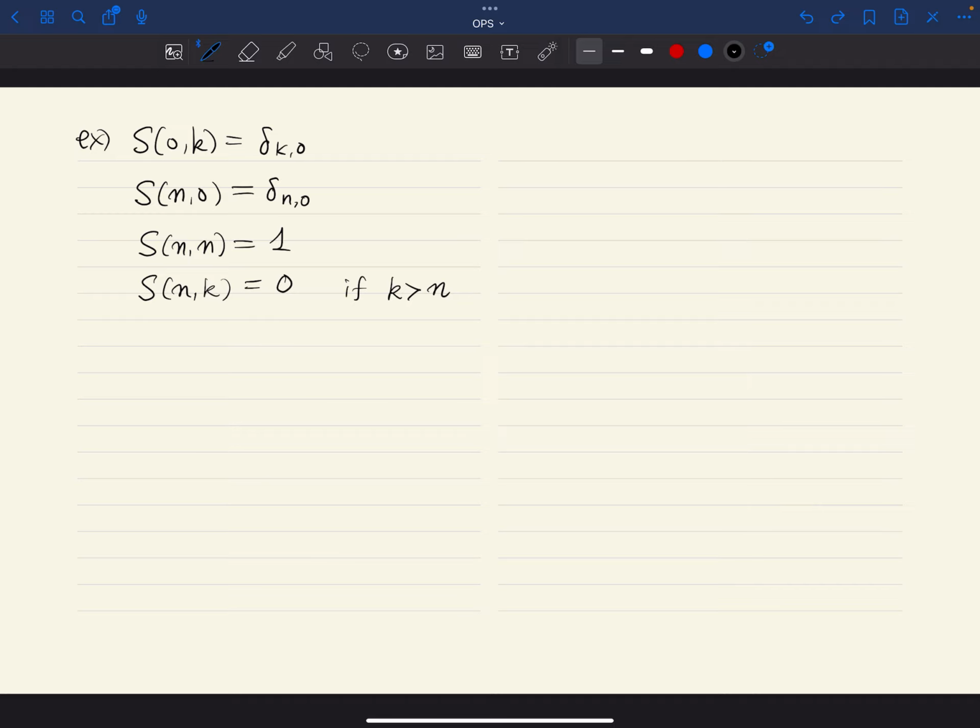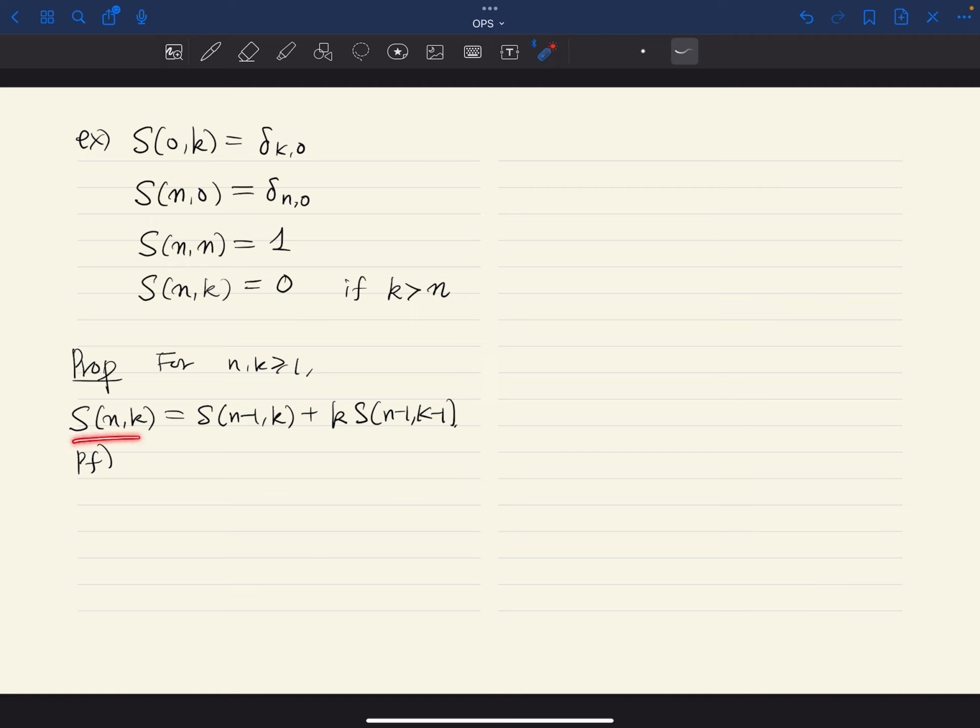And there is a nice recurrence relation for the Stirling numbers, for n, k greater than or equal to 1: S(n,k) equals S(n minus 1, k) plus k times S(n minus 1, k minus 1). The proof is really simple. If you understand the definition, it's almost immediate.